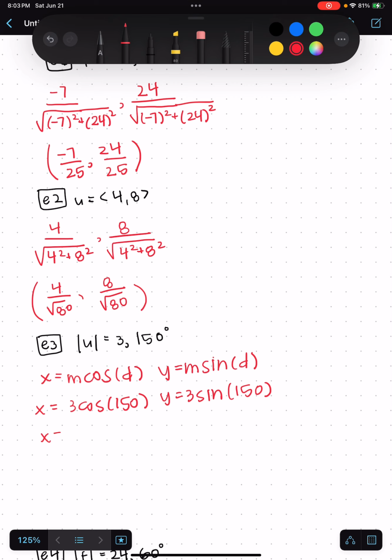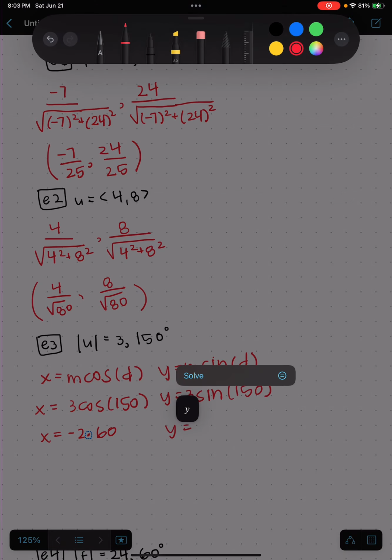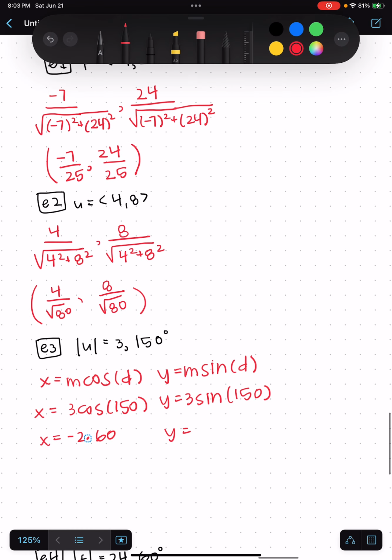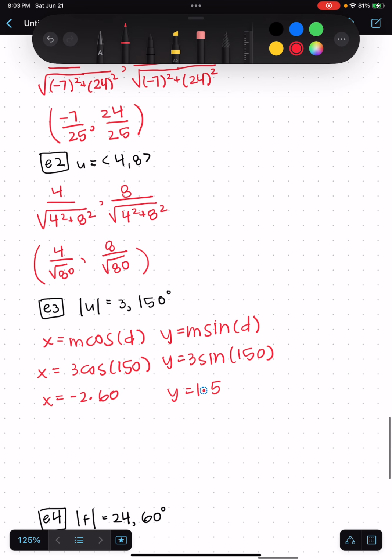So for x, I get negative 2.60, and for y, let's see, 3 sine 150, 1.5. Okay, so we already know the magnitude is 3, so my unit vector is now just negative 2.60, and we can leave it in decimals, totally fine with me, over 3, and then 1.5 over 3.